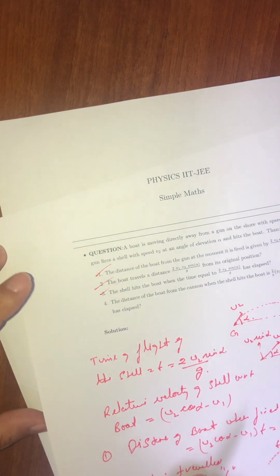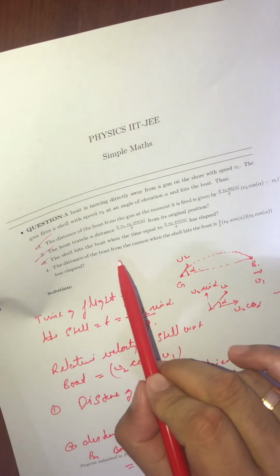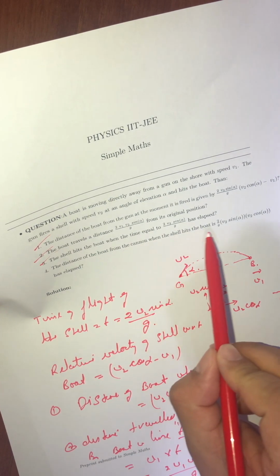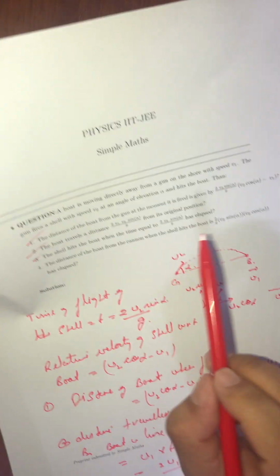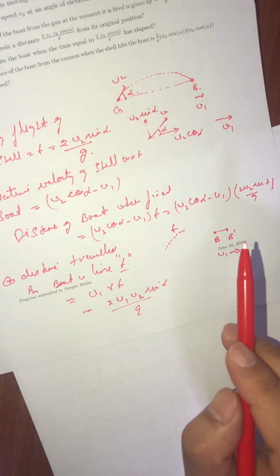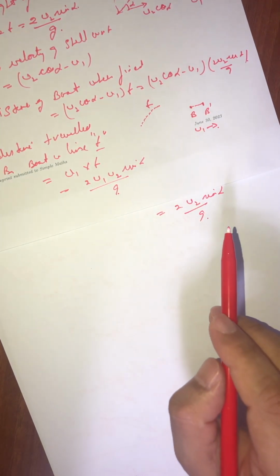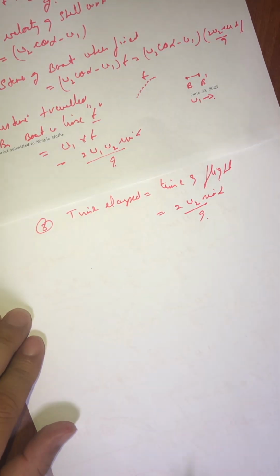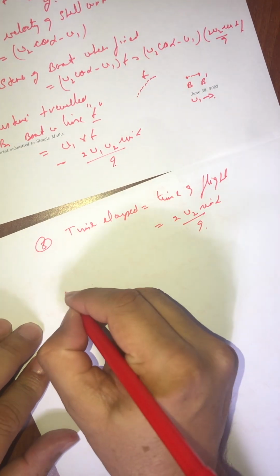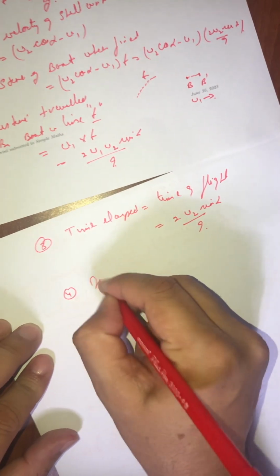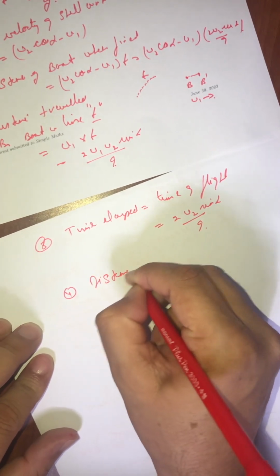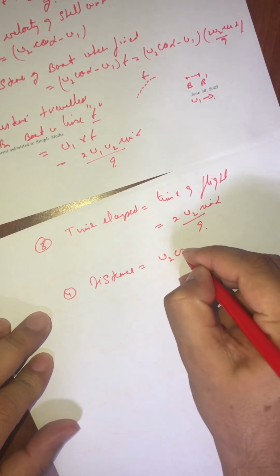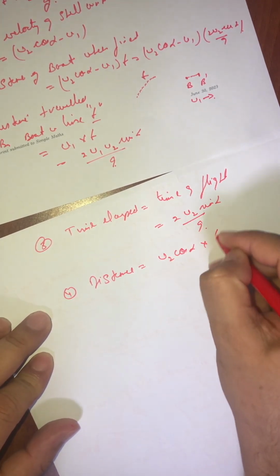And the last, it is asked that the distance of the boat from the cannon when the shell hits the boat is given by this formula. So the distance will be given by the horizontal component v2 cos alpha multiplied by t.